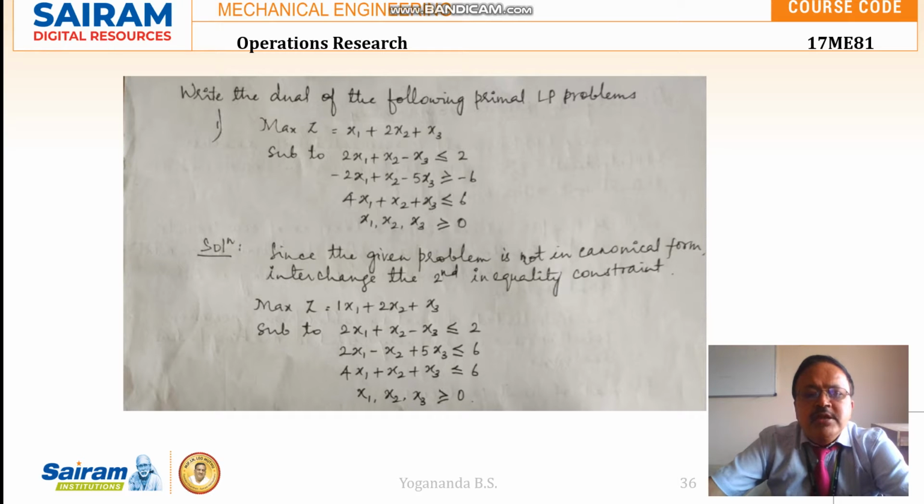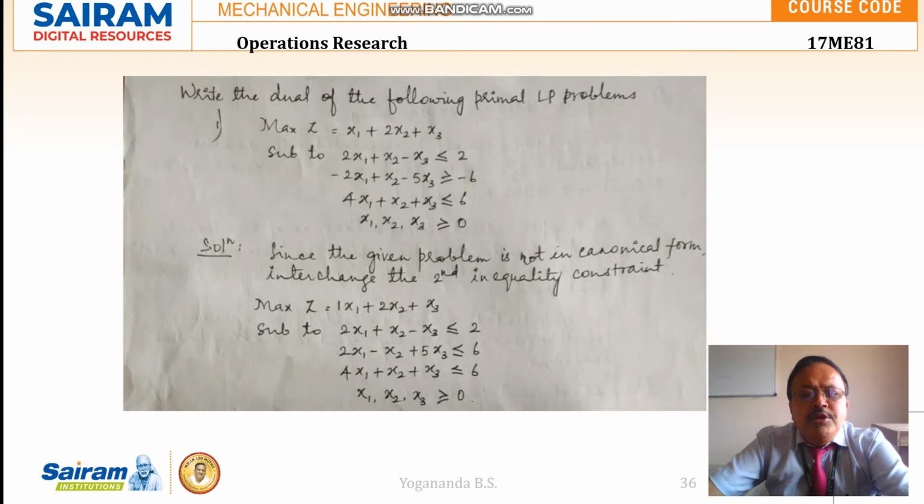Since we have a greater than or equal to constraint, it should be made less than or equal to by multiplying by -1 on both sides. Here the second constraint has a greater than or equal to sign, so that will be made less than or equal to by multiplying both sides by -1, because the given problem is not in canonical standard form. Interchange the second inequality constraint.